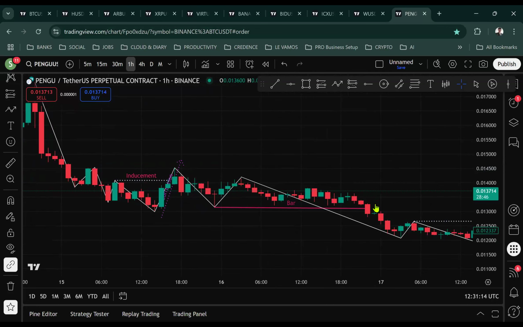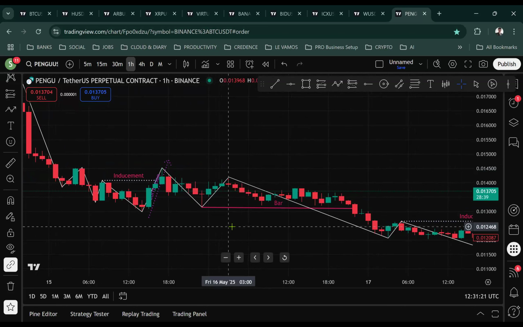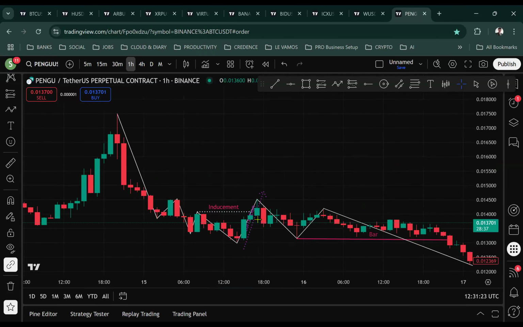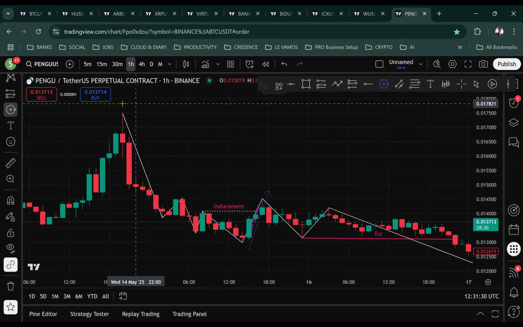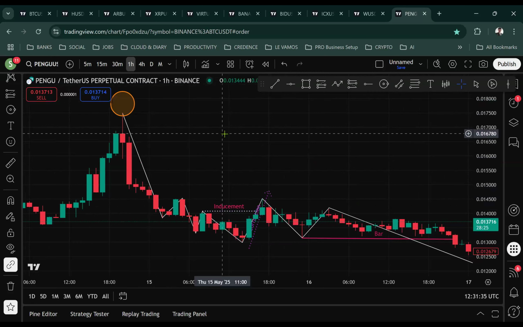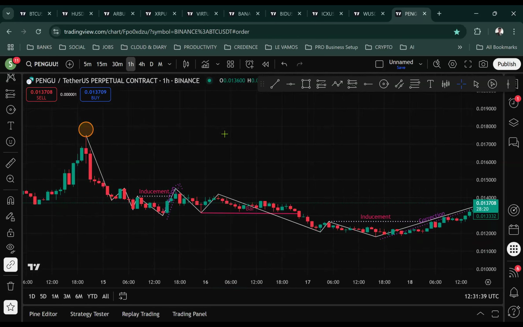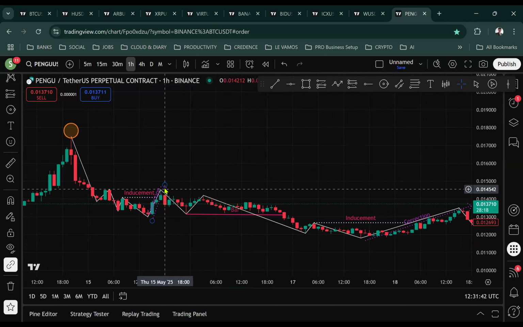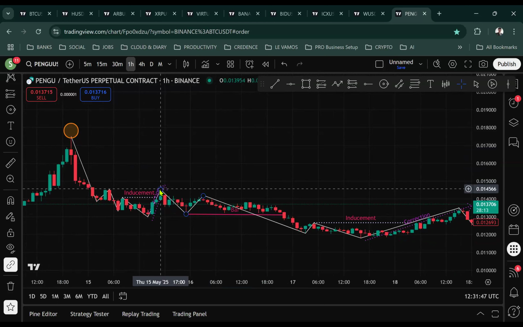Once a correction goes beyond where the impulsive move started from, the market is telling us something. So can we say this is the point the impulse started? The first impulse started from here, then the correction ended here.